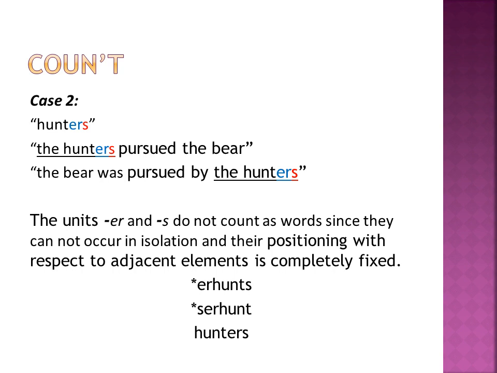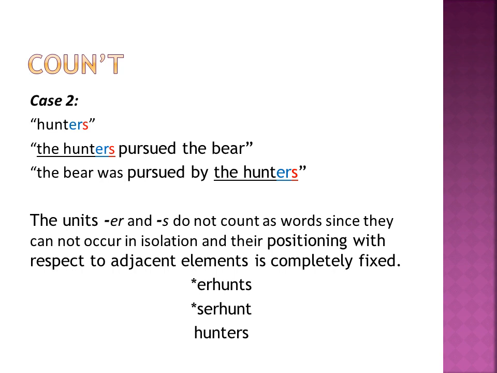The units ER, this one, the green, the blue color, and S as the red color, do not count as words since they cannot stand alone or they cannot occur in isolation. However, the word hunt here can stand alone, can occur in isolation.